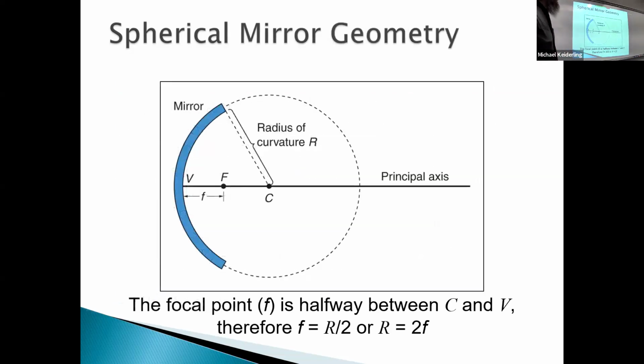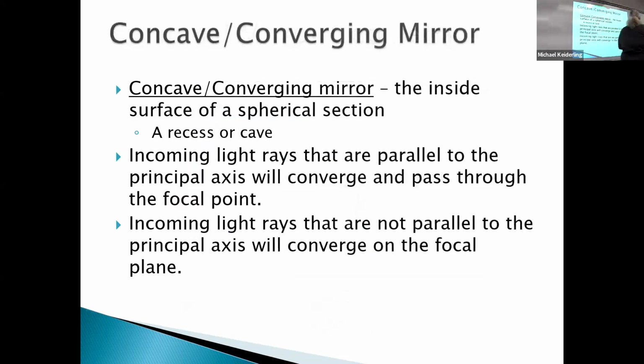So a spherical mirror is sort of like an approximation of the ideal parabolic mirror. But what will happen is that lines coming in parallel will be focused to the focal point, which is halfway between the vertex and the center of curvature. So the focal length is half the radius.